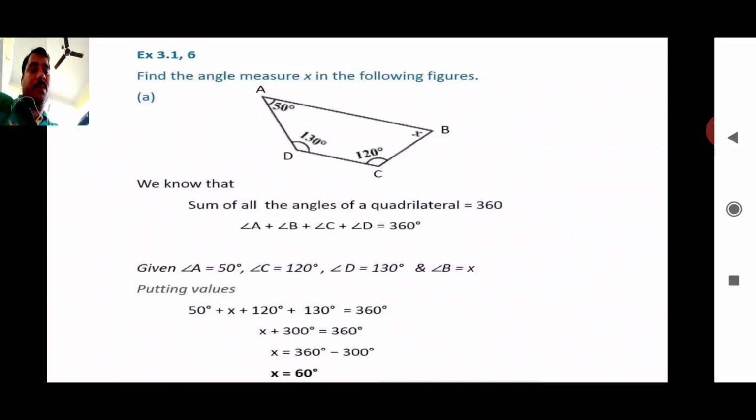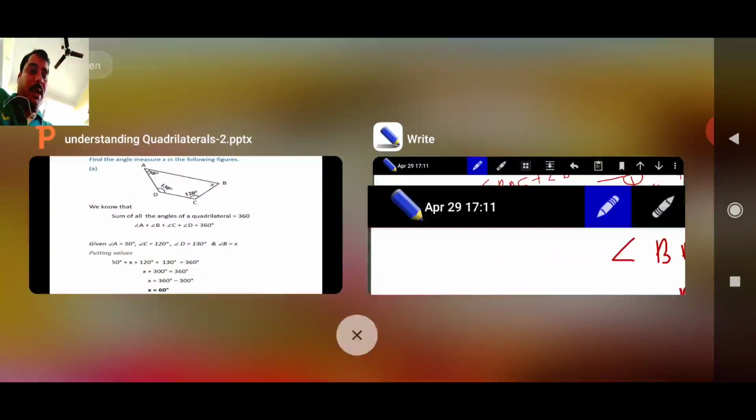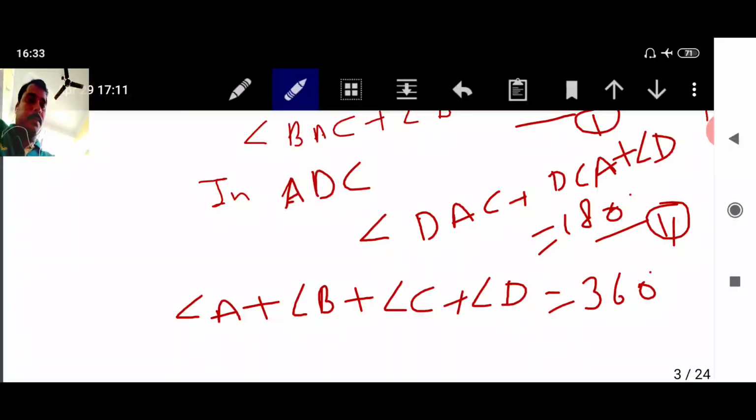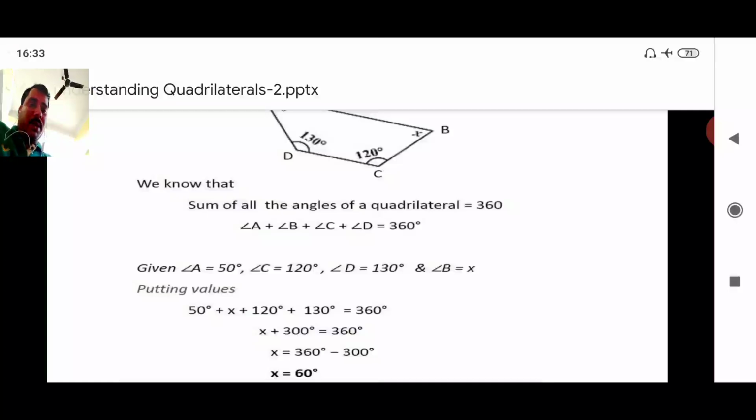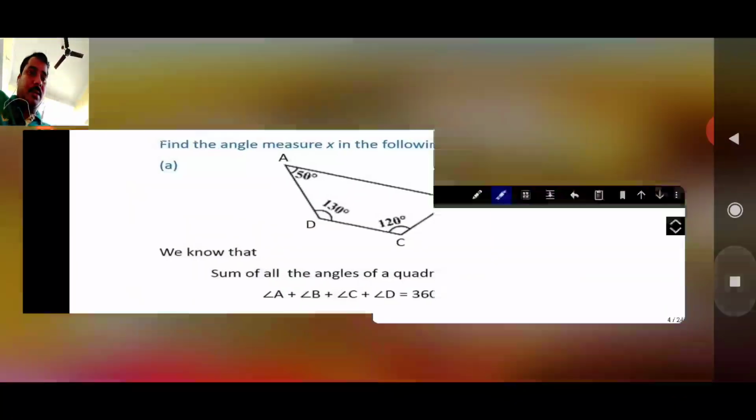Find the angle x in the following figure. Here is one figure, and we find x by using the angle sum property. If we draw a figure, ABCD is a quadrilateral.